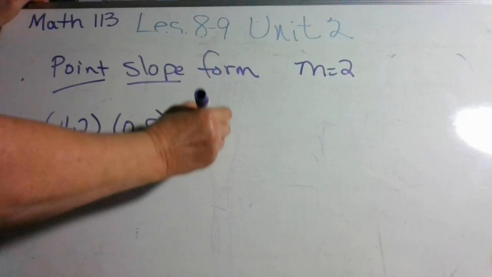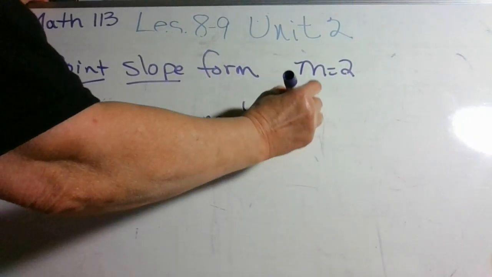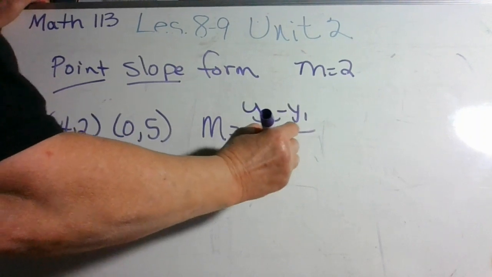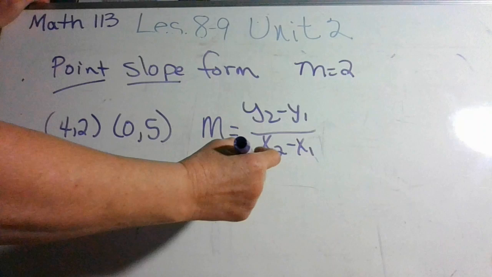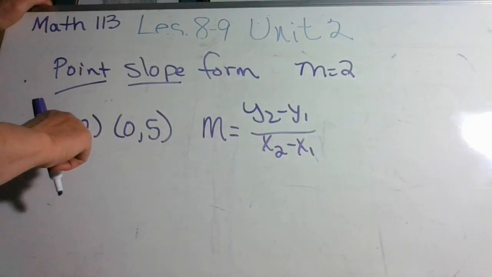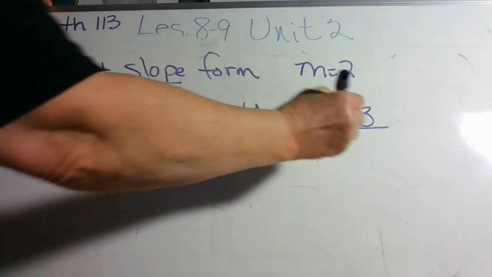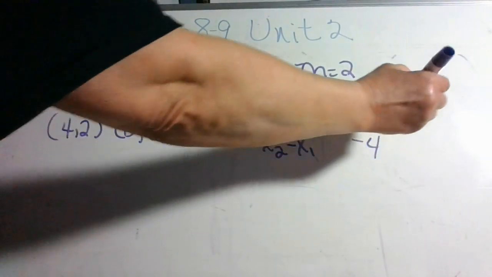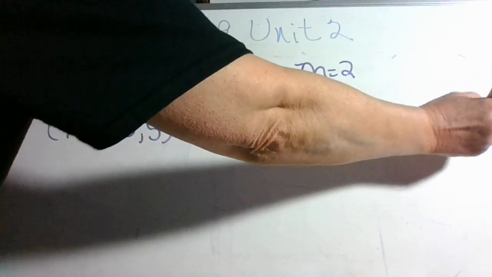Well, first of all, you need to find the slope. The slope is equal to y2 minus y1 over x2 minus x1, which we've done. So let's go ahead and do this. 5 subtract 2 is 3. 0 subtract 4 is negative 4. So my slope equals negative 3/4.